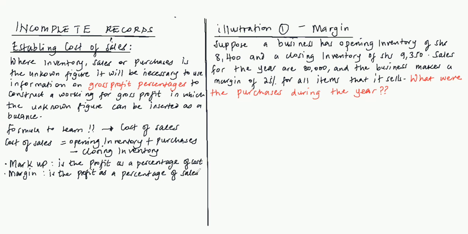These key terms are very, very important because they can be given in the exams, and you need to know how to use these terms to be able to arrive at the missing information.